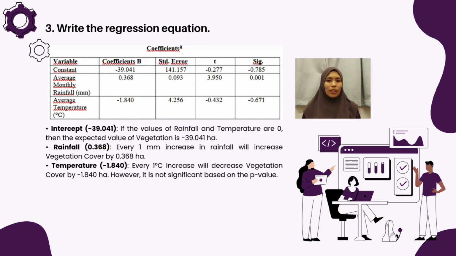Every 1 millimeter increase in rainfall will increase vegetation cover by 0.368 HA. The third is temperature, which is minus 1.840. Every 1 degree increase will decrease vegetation cover by 1.840 HA. However, it is not significant based on the p-value.